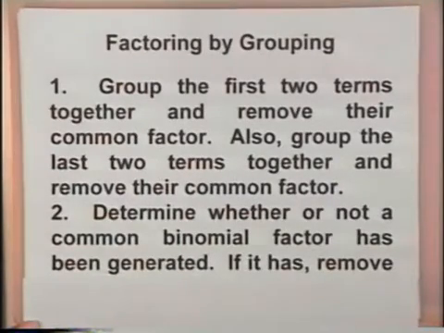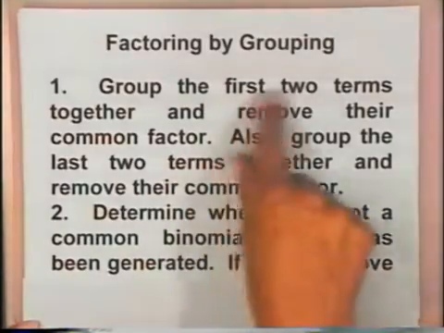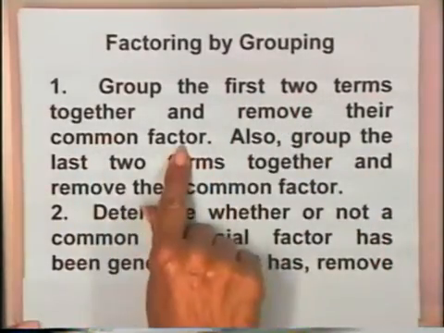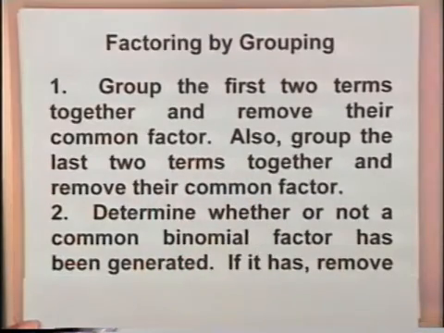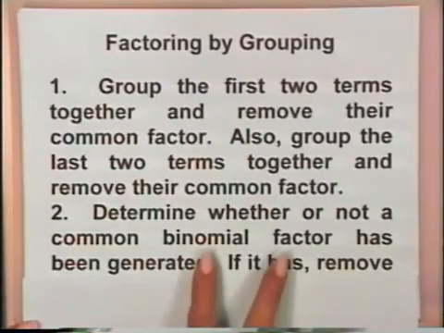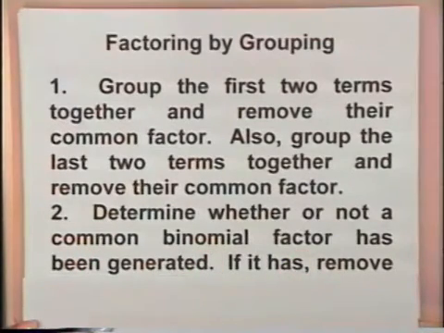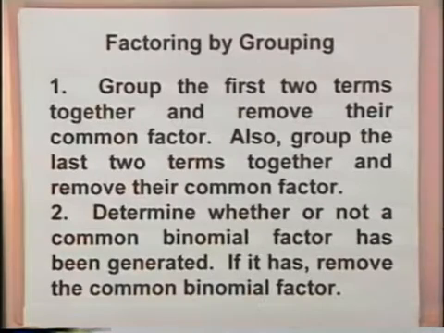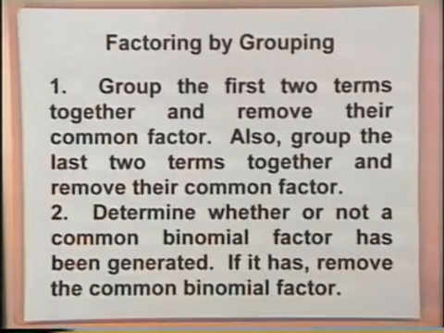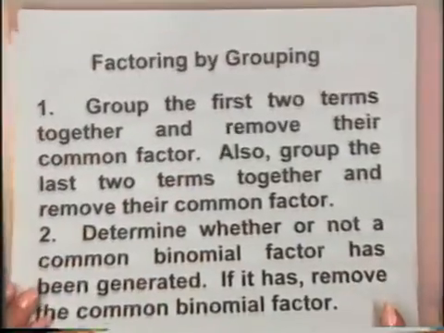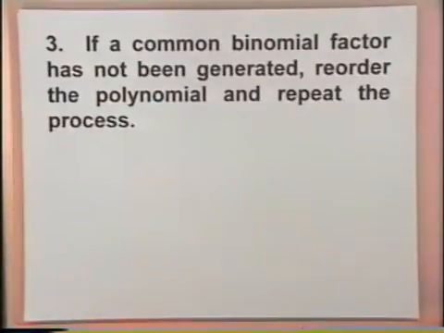That's what we're trying to do by grouping these first 2 terms and taking out a common factor, and grouping these second 2 terms and taking out a common factor. We want to generate a common binomial factor, and if we do, we can remove the common binomial factor. However, if a common binomial factor has not been generated, we reorder the polynomial and we repeat the process.